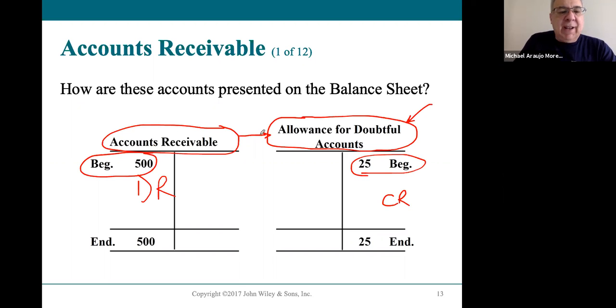So what this is telling us, just by looking at these accounts in the ledger, is this particular company has $500 of accounts receivable, but has estimated 25 of that will be set aside for bad debt, will be its allowance for bad debt. A doubtful account is a bad debt, basically. You can be doubtful about that, but it is.